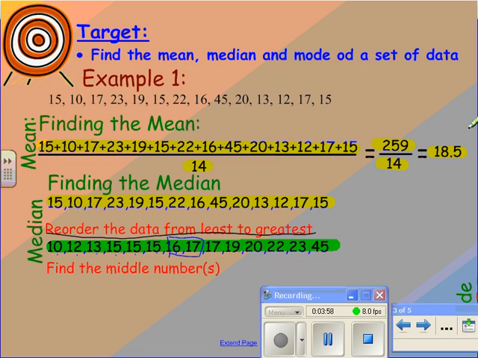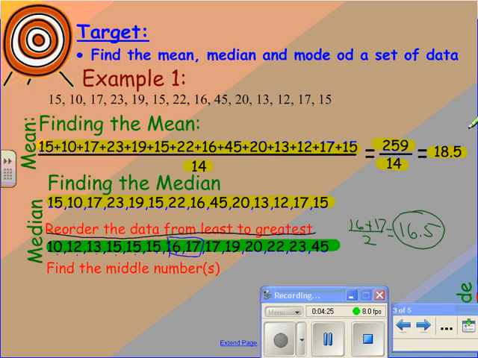Our median is the average of those 2: 16 plus 17 divided by 2, which gives me 16.5. That happens when we have an even number of numbers in our data set.